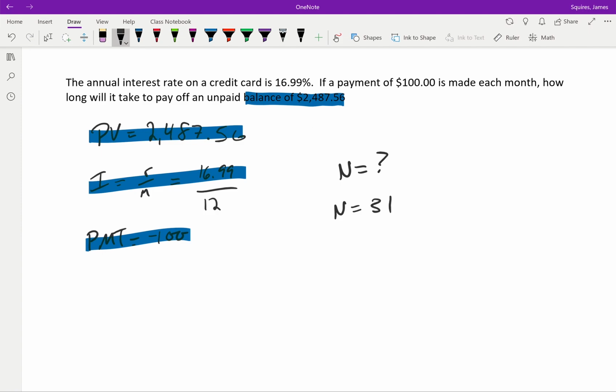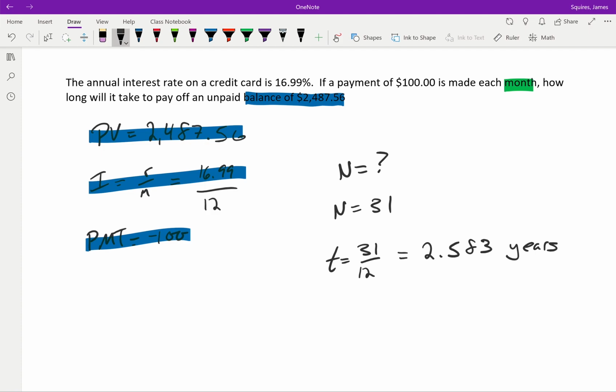What does 31 represent? 31 represents the number of months it will take for us to pay off our debt. So 31 months is t equals 31 divided by 12, which equals 2.523 years.